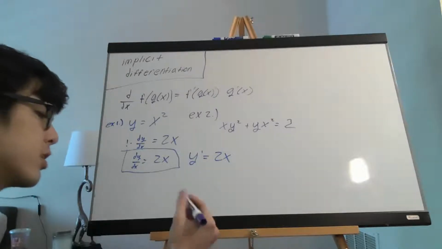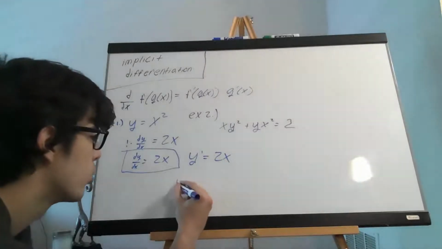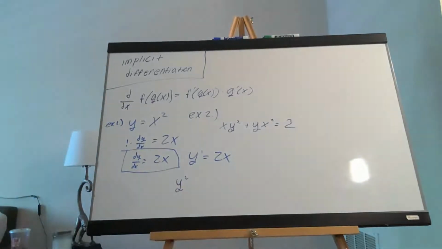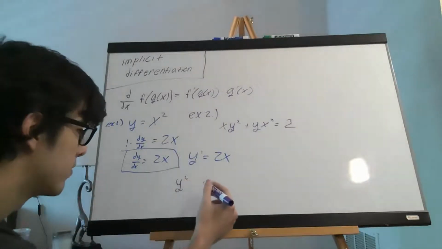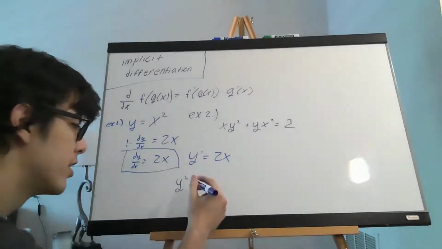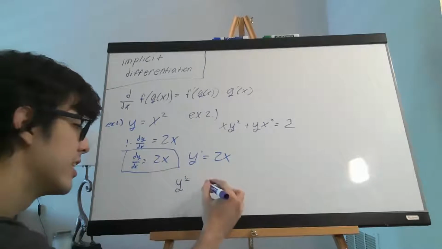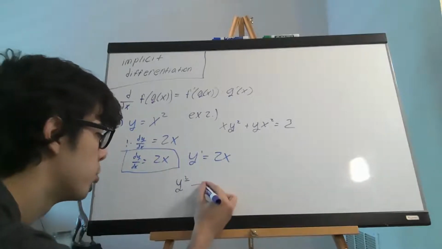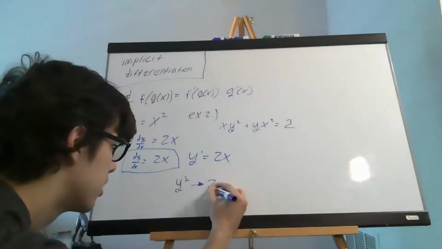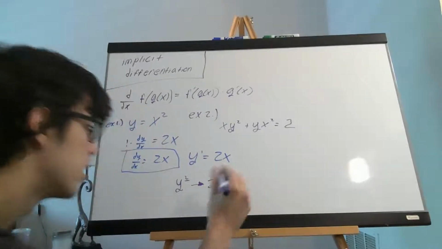So if we've got a term like y squared, since we're only taking derivatives in terms of x, the way we would have to write this is we'd have to do a chain rule. So we can view this y squared, we can view this as the outside here. So the next step would be, and I'm going to do an arrow because I don't want you guys to think that they're equivalent.